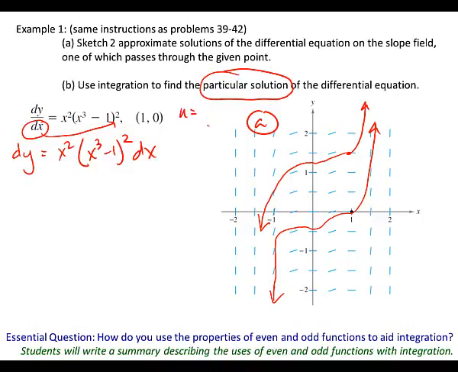What's your u going to be? x cubed minus 1. Good, so du is going to be 3x squared dx. I have the x squared dx, but I do not have the 3, so I have to move the 3 over. So du over 3 equals x squared dx.